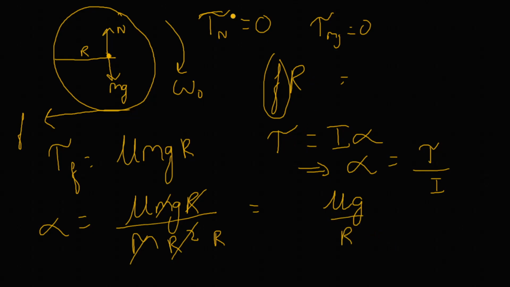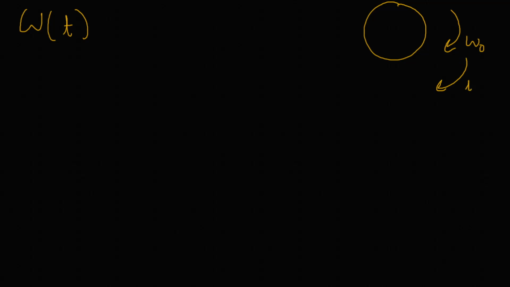That's our alpha. Now let us write the angular velocity of this ring as a function of time. The angular velocity is in the clockwise direction. The torque, mu mgr, is also in the clockwise direction.